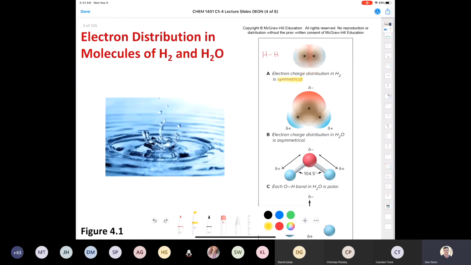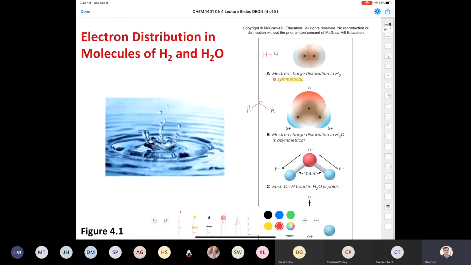Okay. Well, what about if I have water? In water, if I draw a structure representing water, and you probably have seen water written in this bent shape before where there's kind of an angle down here. There's a reason why we do that, and I'll explain that later.